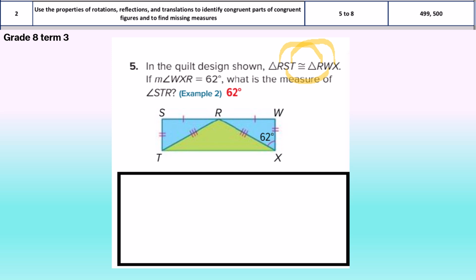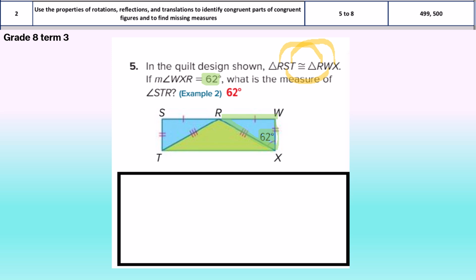Now go to your diagram and let us see what they are saying to us. They are giving us the measure of angle WXR. We are looking at this triangle here, and they are saying that angle X is equal to 62 degrees.